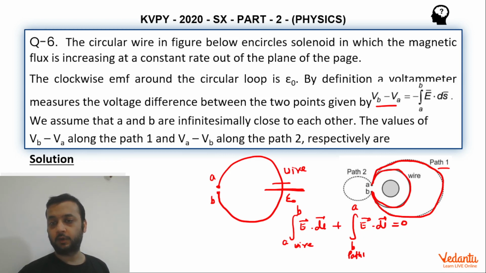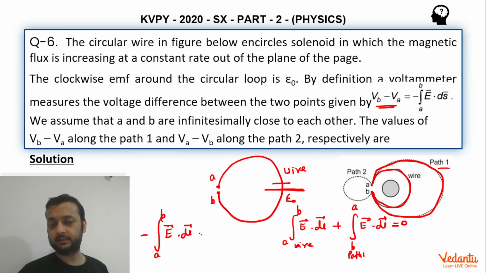Now, if you see this definition, VB minus VA has been defined as the negative of the integral from A to B of E dot ds, right? So this value, E dot dl from B to A, can be written as the negative of the integral from A to B of E dot dl.